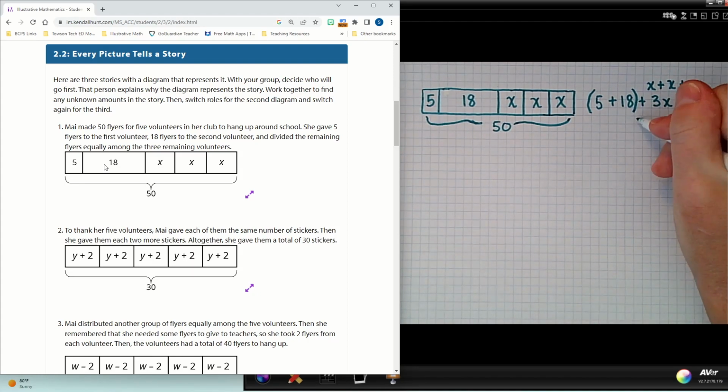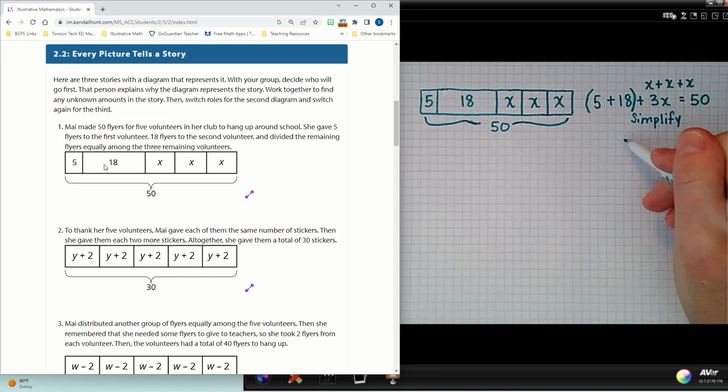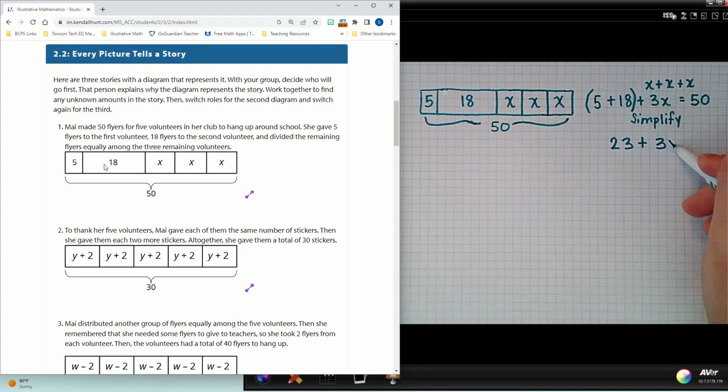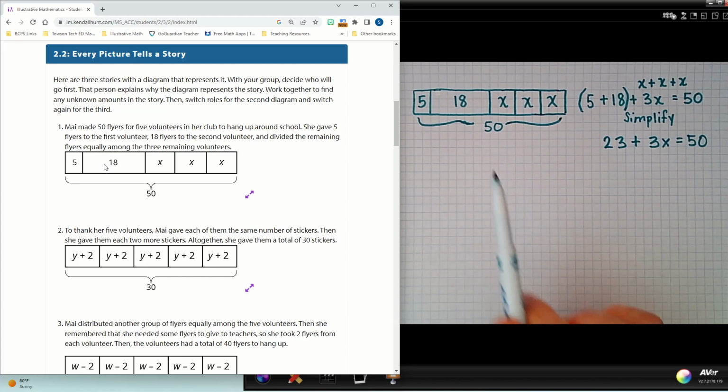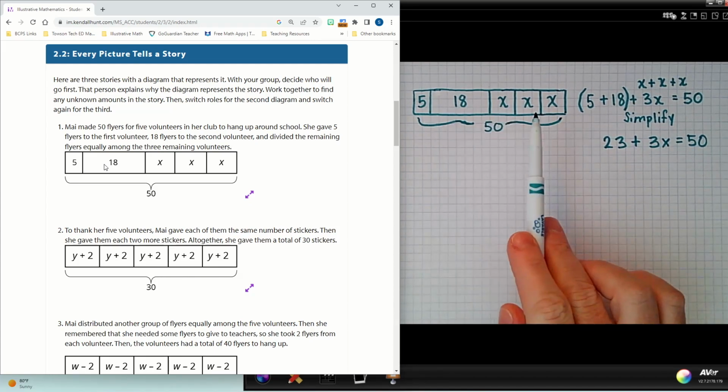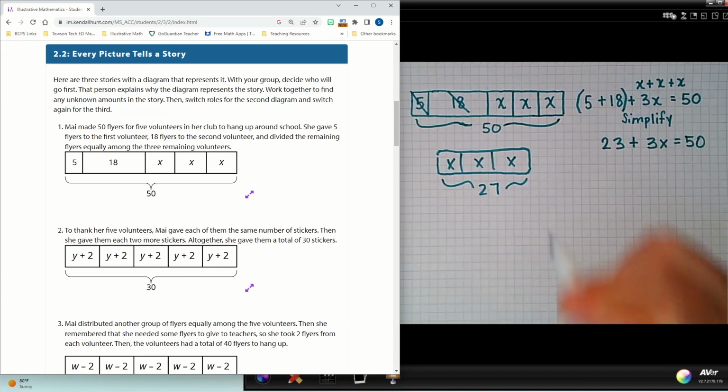So when we simplify, and we teach this to the students throughout the lesson, we have 23 plus 3x equals 50. And this is a very standard equation. But we have students use the tape diagrams because they can visualize it.